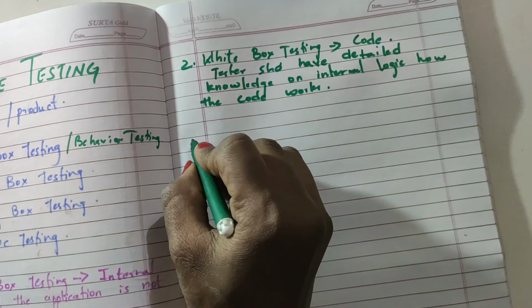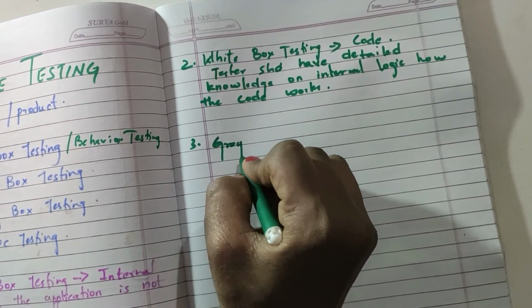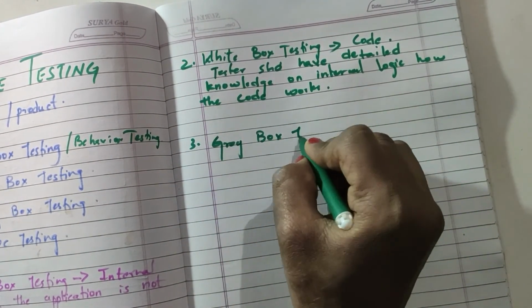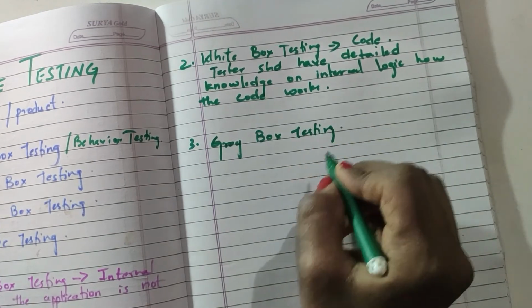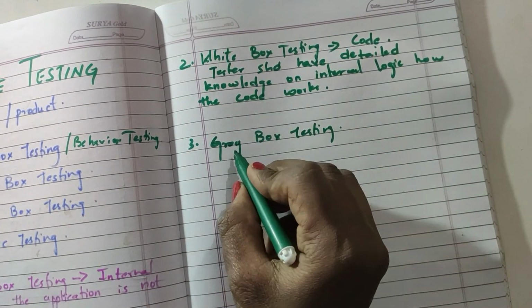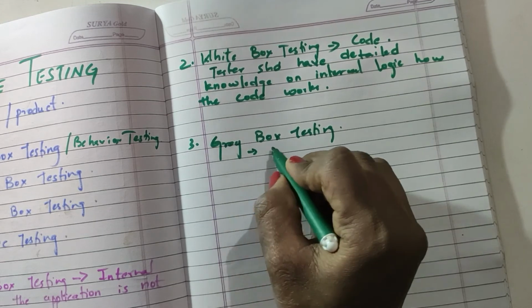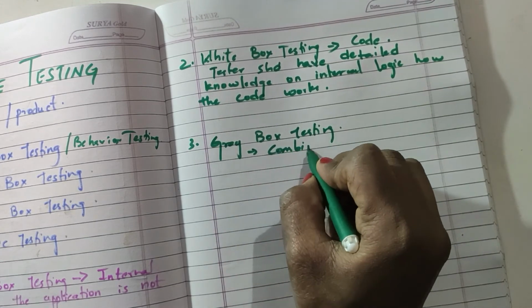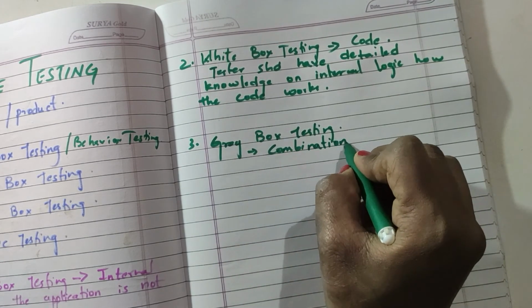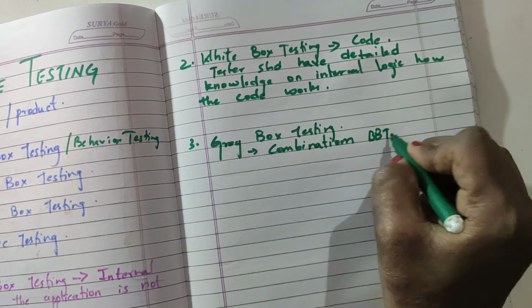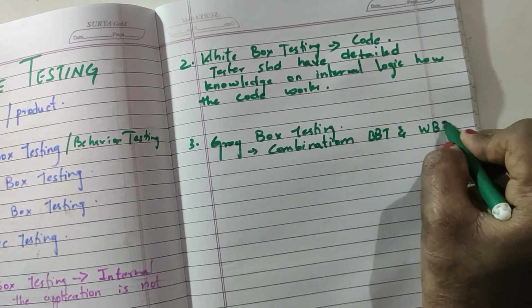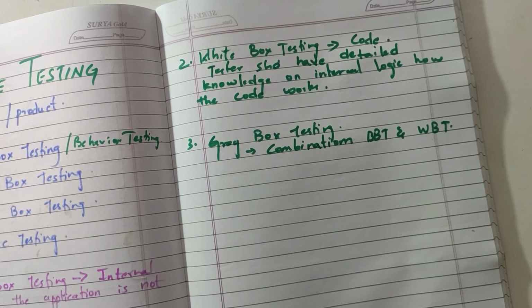Now we'll look at gray box testing. Here is a brief description of gray box and ad hoc testing. Gray box testing is a combination of black box testing and white box testing. In black box testing, the tester only tests the application's user interface.